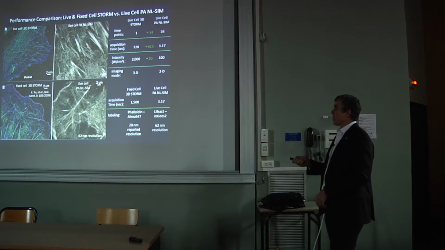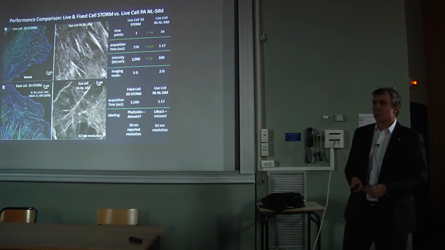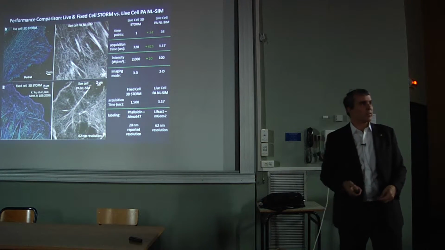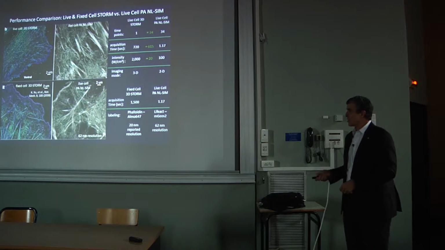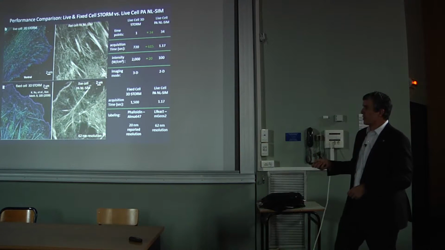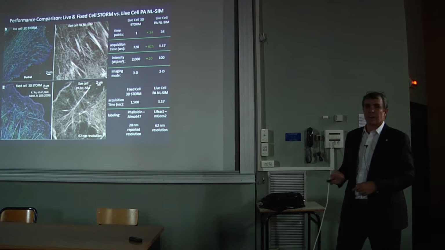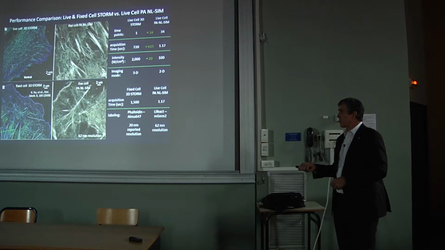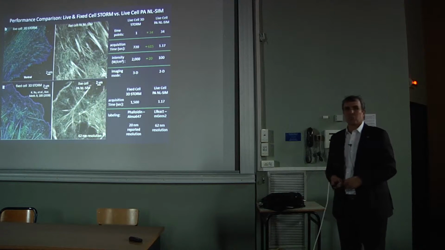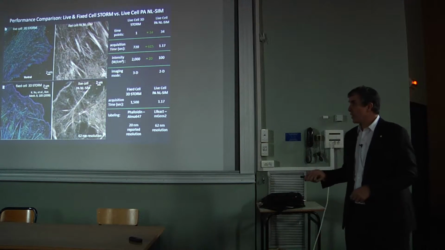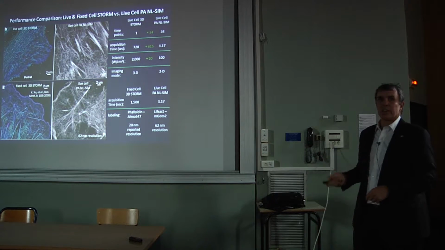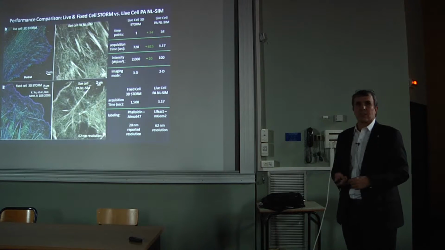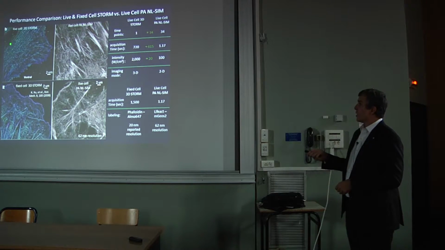So we can compare that to even localization microscopy, which is pretty well accepted as the highest resolution method of doing super resolution imaging. This is an example of looking at the actin cytoskeleton in a fixed cell by localization at a reported resolution of 20 nanometers. But whether you look at this image in real space or reciprocal space, it's really comparable to what we get in a live cell with the nonlinear SIM, even though our resolution claim is 3 times worse.